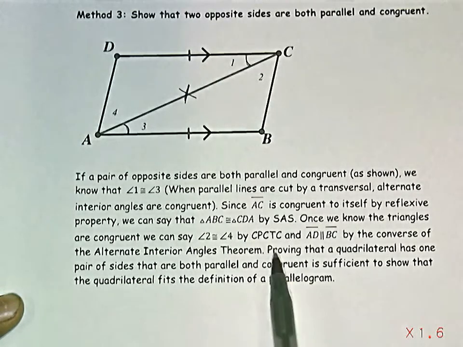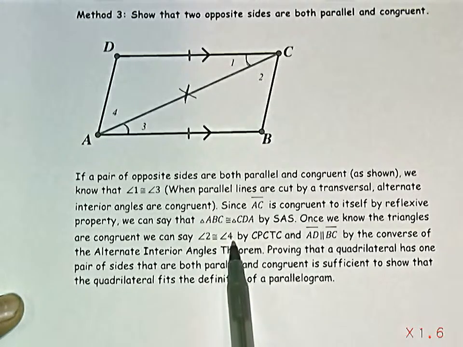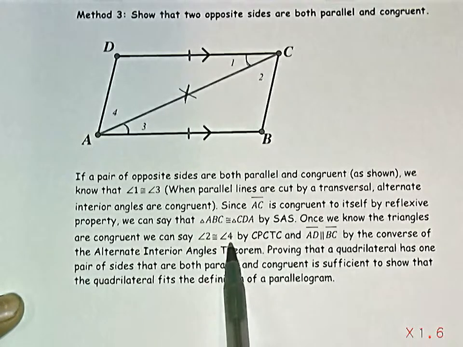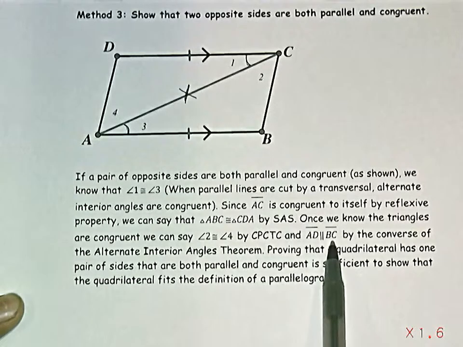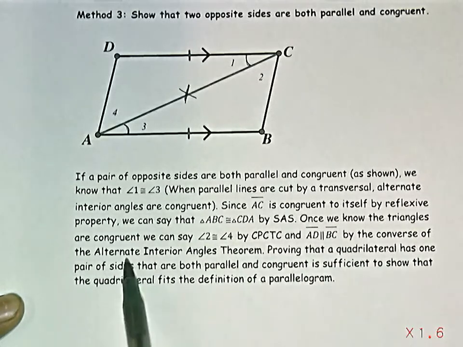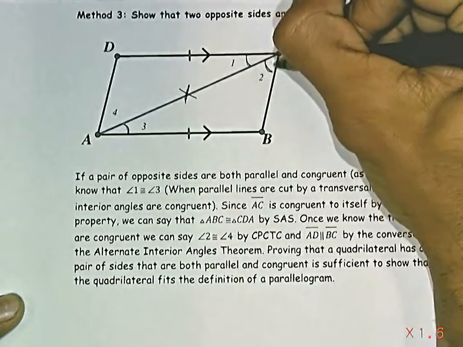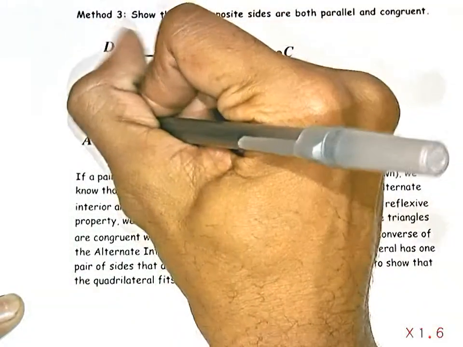Okay, so now we know that angle 2 is congruent to angle 4, and that leads us to segment AD somehow being parallel to segment BC. So how do two congruent angles lead us to these segments being parallel? Well, the text says by the converse of the alternate interior angles theorem. So we have some marking to do on the diagram. I would want to mark angle 2 and angle 4 congruent.